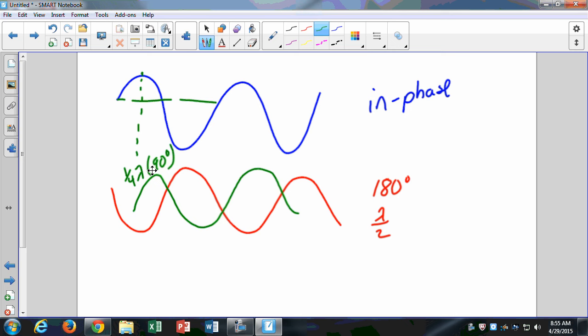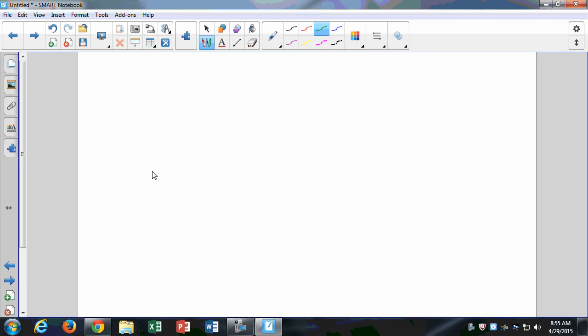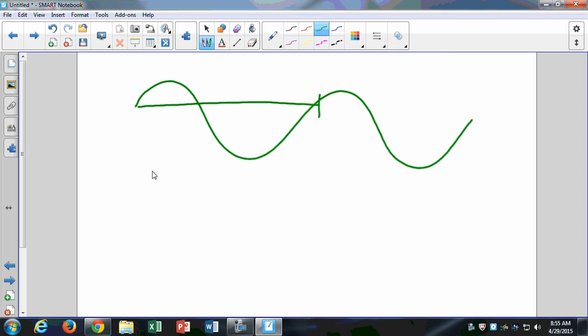We had some questions too about these waves and how they travel different path lengths. So for example, if I have a wave that travels a certain distance and it has a wavelength equal to say 4 meters, and then I have a wave that travels another distance. Let's say this wave traveled 10 meters, and then I had another wave that traveled 8 meters before they met up again.